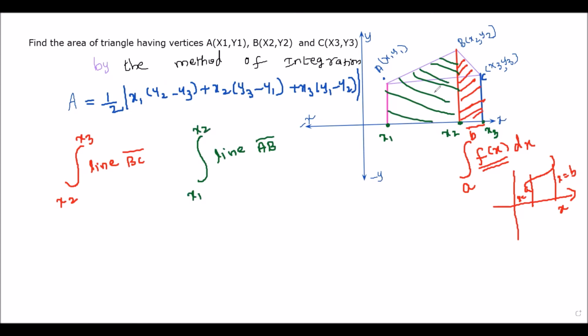So these two areas are giving the complete area. But which is our required area? Our required area is nothing but this part, the purple color. Only this area I need.